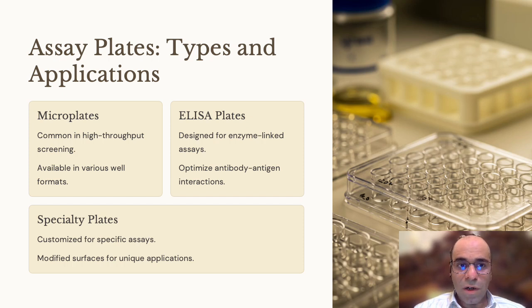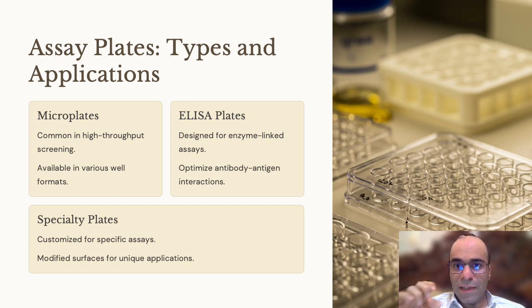And the last ones are specialty plates, customized for specific assay types and detection methods. Modified surfaces for unique applications like cell-based assays include streptavidin-coated, poly-D-lysine and other functionalized surfaces.